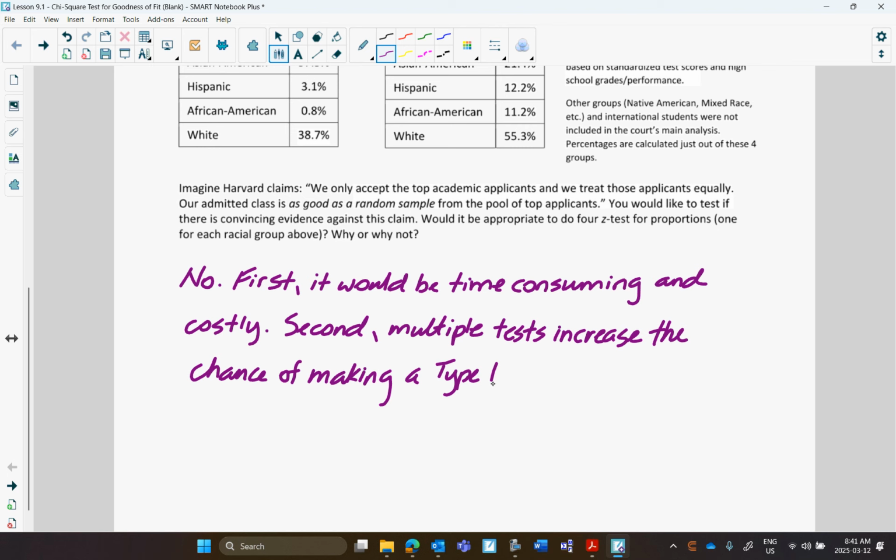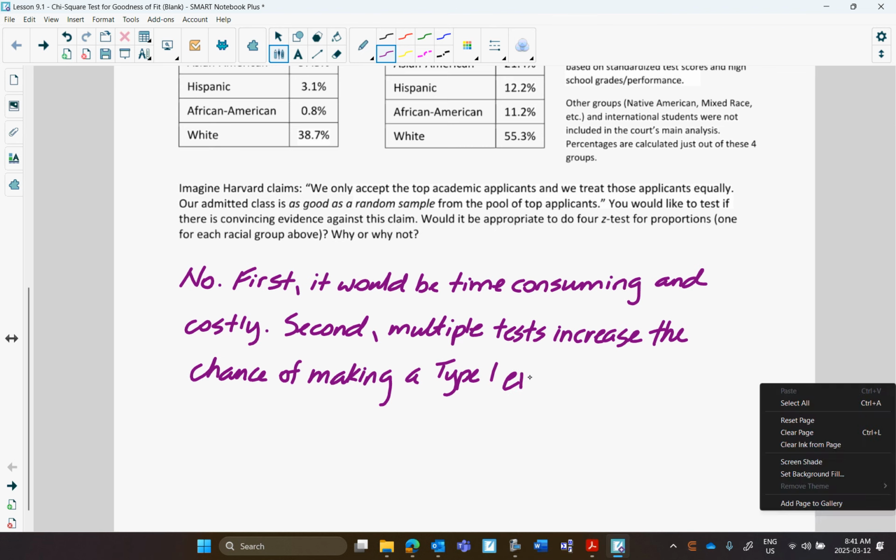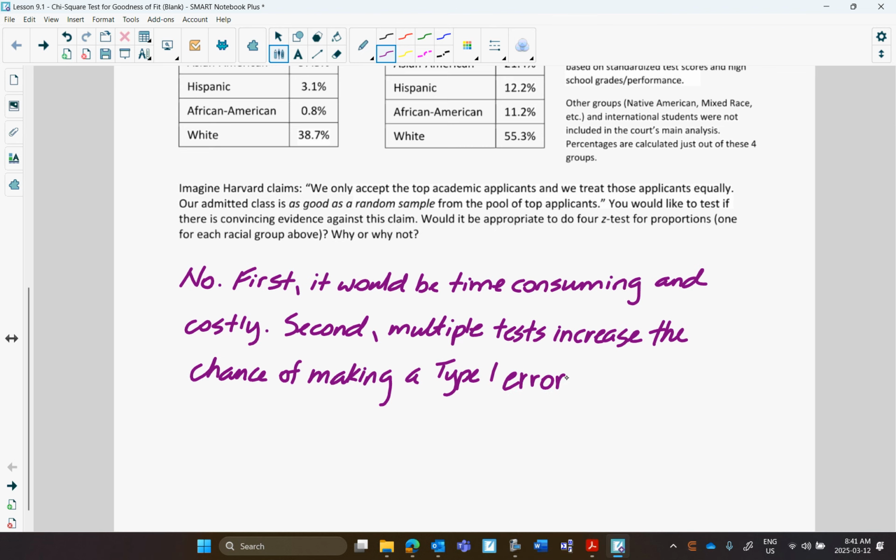That's when we reject the null, but we shouldn't have. Which means one of our tests could be wrong. Whereas if we did one test that included all the data, it reduces the probability of getting it wrong.